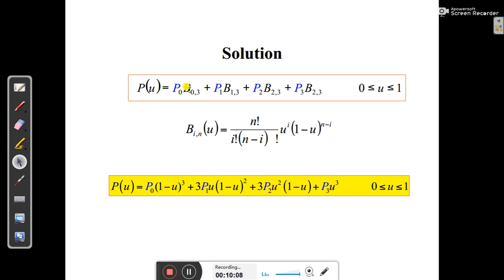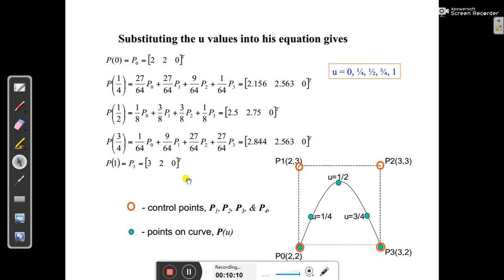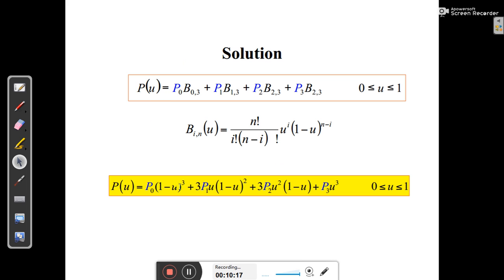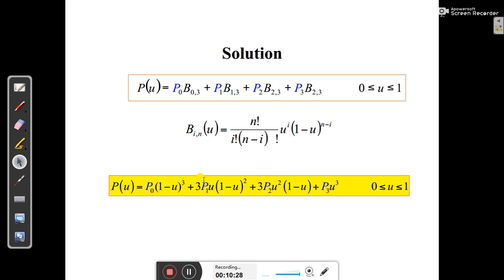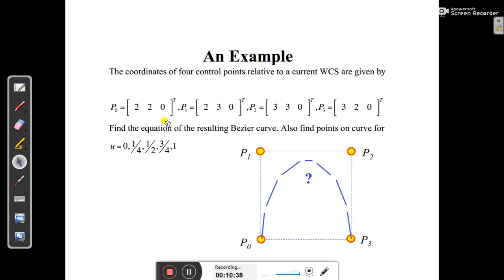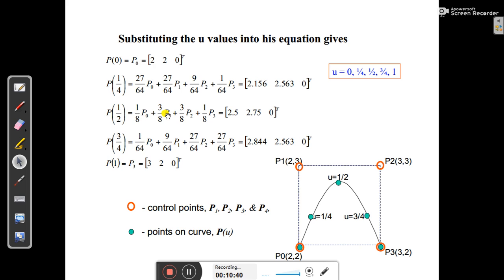And here you can see B0,3 is (1 minus u) cubed. So P0 is this one. If you put u equal to 0, with P0 that is 220, you will get 220 directly.